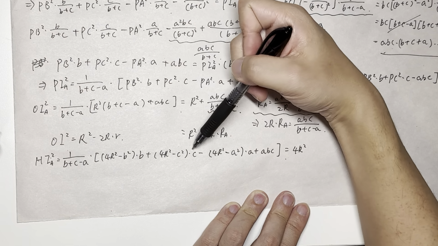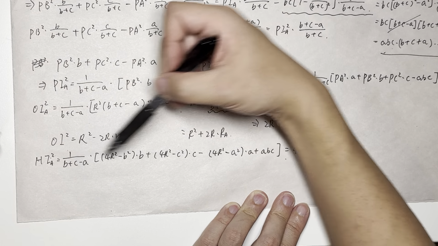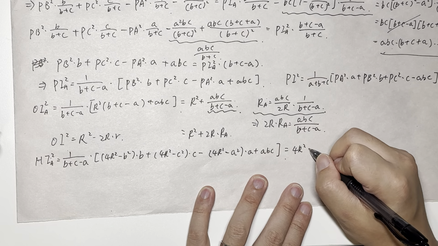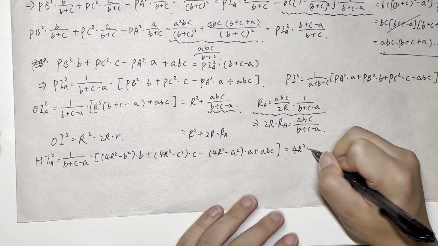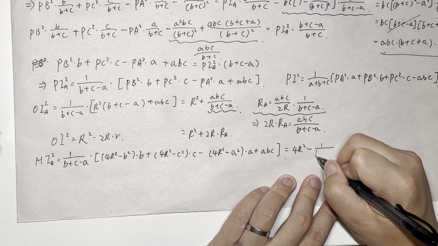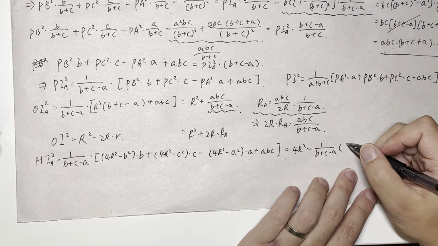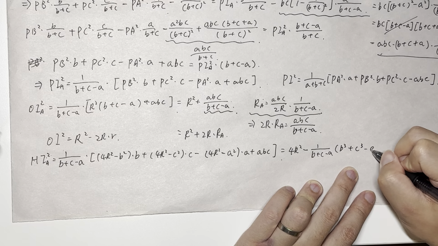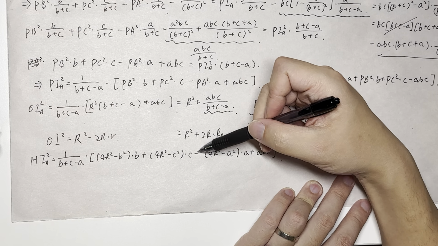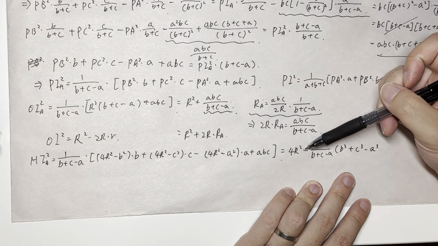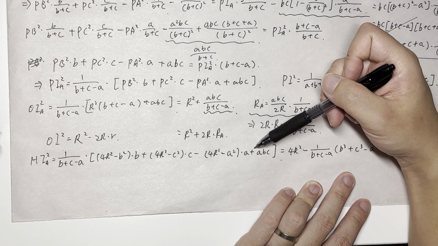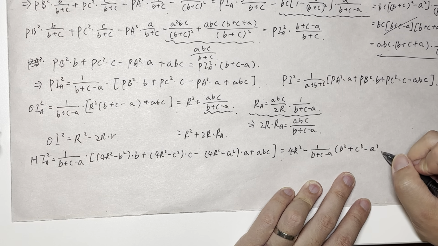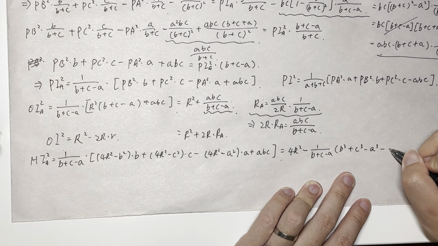Because here is b plus c minus a, cancel with this b plus c minus a, so we have 4R squared. And then we have the things left, that is plus or minus 1 over b plus c minus a times b to the power 3 plus c to the power 3 minus a to the power 3, right? Because here is positive, and then we have negative here, so here should be negative. And this is positive, so we have a negative sign here, so inside would be the negative sign, right? So that's minus abc.